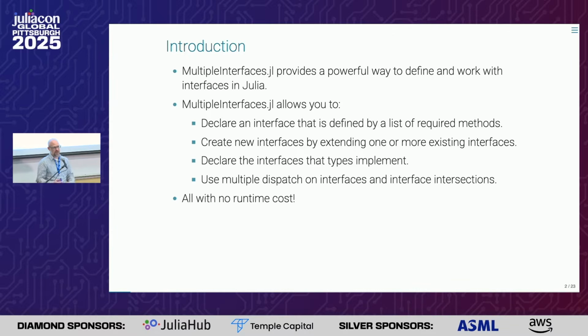You can create new interfaces that extend one or more existing interfaces. You can also declare the interfaces that different types implement, and you can use multiple dispatch on these interfaces and even interface intersections too, which is something that Kobe mentioned in his talk today. And you can do all that with no runtime cost.